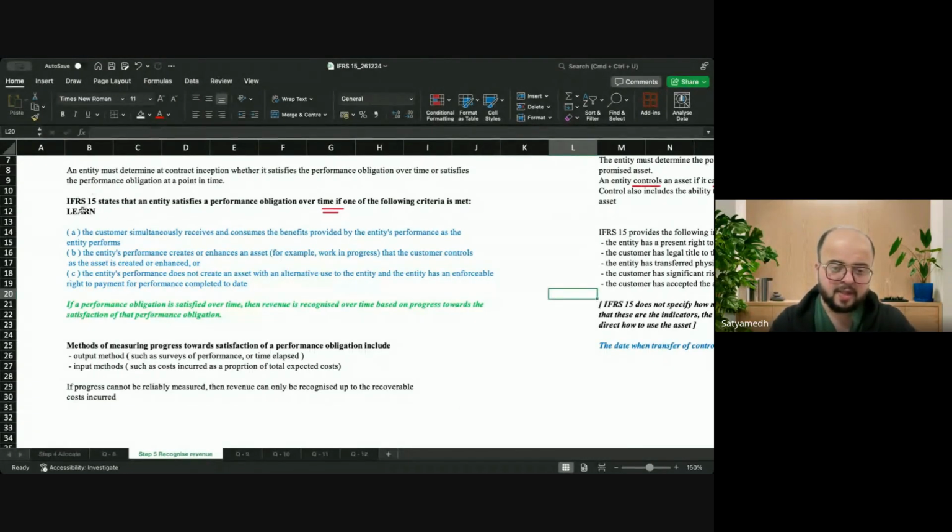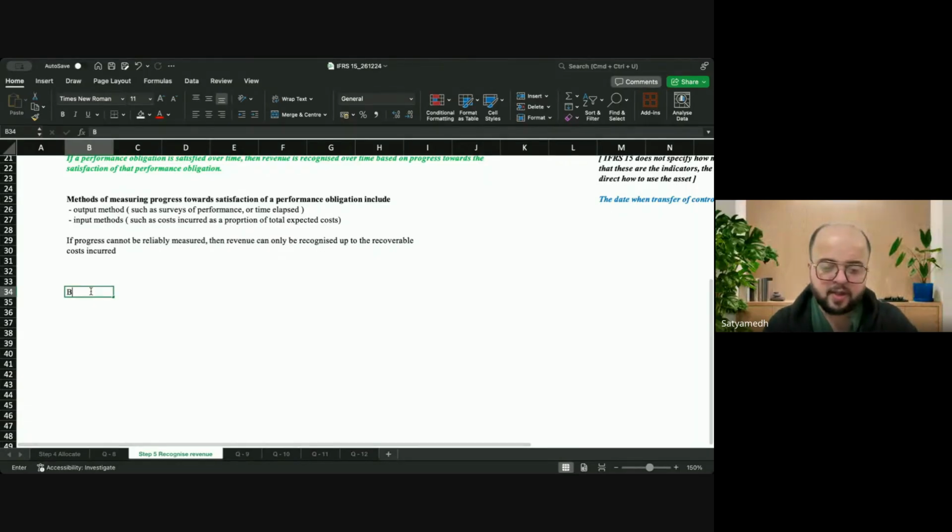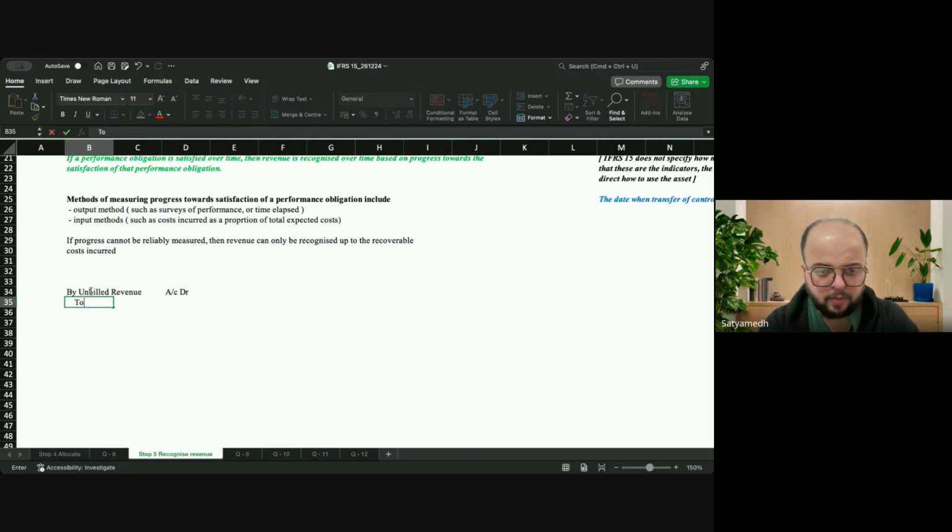So in this case I record an entry: unbilled revenue account debit to sales revenue account. Say, for example, I know that I have to recognize revenue of 350.